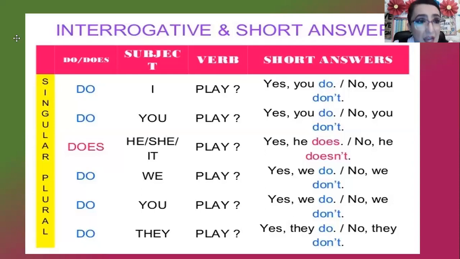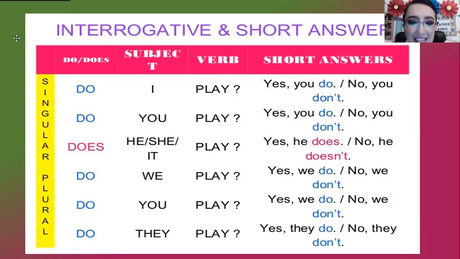Okay, now if we want to make a question, or if we want to ask a question, we are going to have this. Remember, singulars and plurals. And the same rule, remember, that we have here. Excellent.